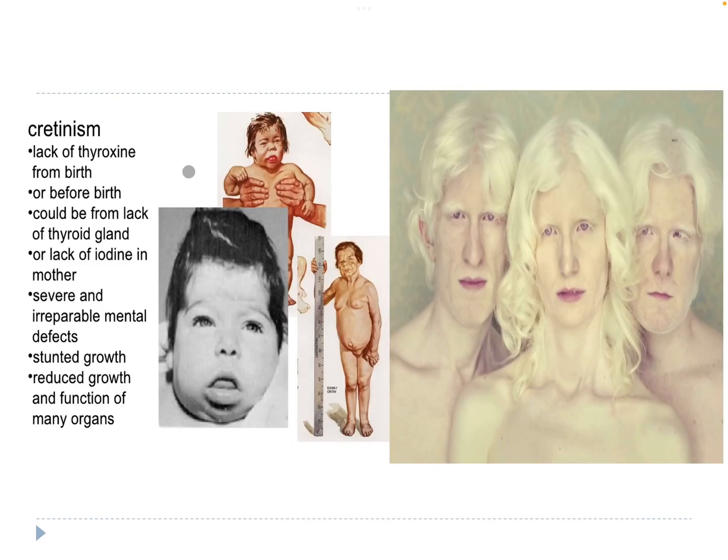Just to reiterate, cretinism is a lack of thyroxine from birth or before birth. This could be from lack of thyroid gland or lack of iodine in the mother. It can cause severe and irreparable mental defects, stunted growth, and reduced growth and function of many organs. And then this one is albinism.